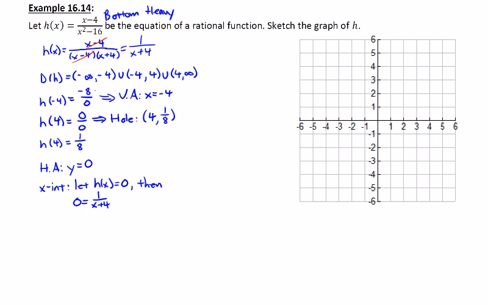So when I do that, I then multiply both sides by x plus 4, which cancels the x plus 4 on the right. On the left, it's just going to say 0, but it's going to say 0 equals 1, which most definitely is false. So with that being false, this means that there is going to be no x-intercepts.